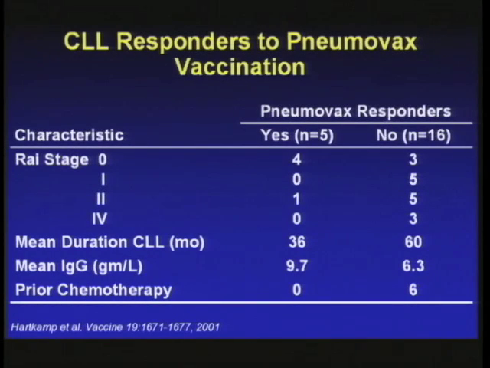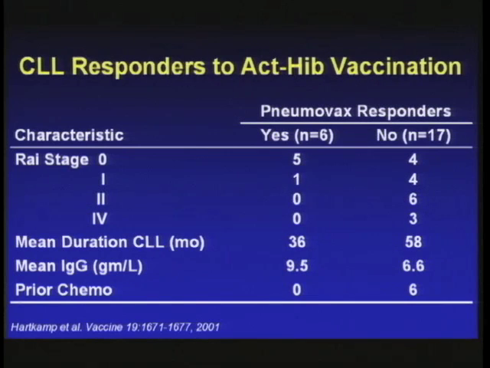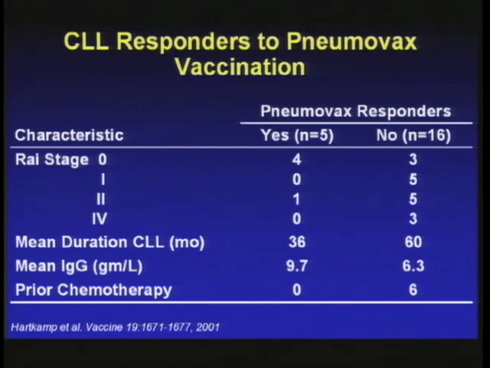A couple other interesting observations that I think are important for people to know relate to the next 2 slides, and they're my last 2 slides. One is that in these studies, if you look at vaccination against pneumonia, or if you look at vaccination against Haemophilus, patients who have earlier stage disease are more likely to get a response against the vaccine.